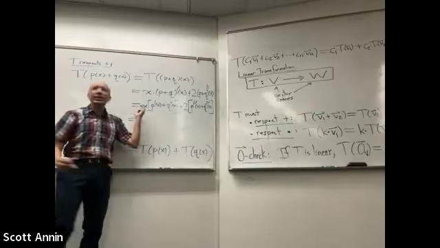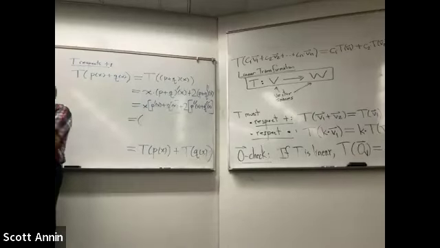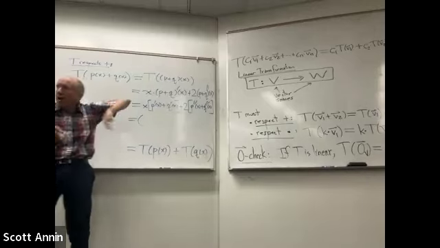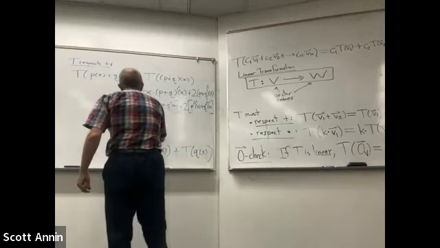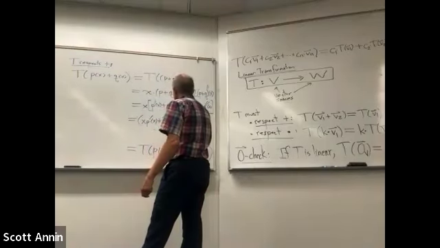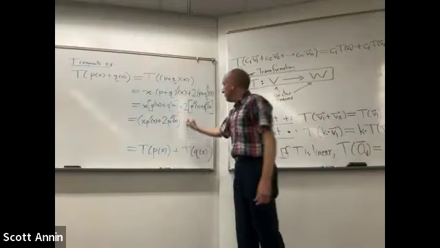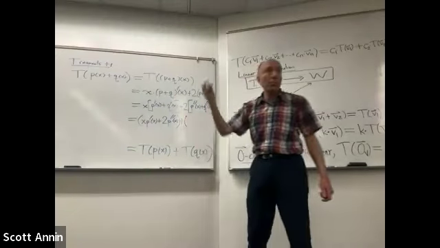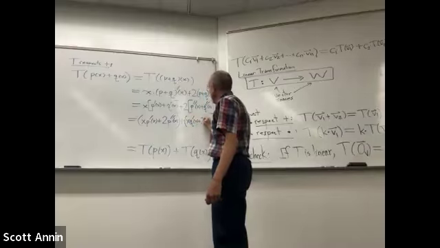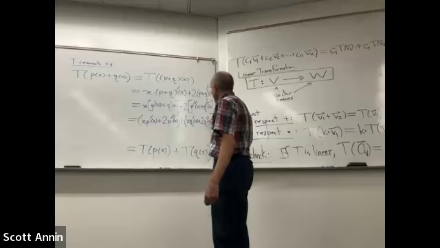I'm going to put everything that has P of X in it towards the front, and anything that has the Q of X in it, I'm going to move towards the back. So up in front, I've got x P prime of X plus 2P double prime of X. There we go. And then I'm just going to take the Q of X stuff and put it in the back: X times Q prime of X plus 2 times Q double prime of X.